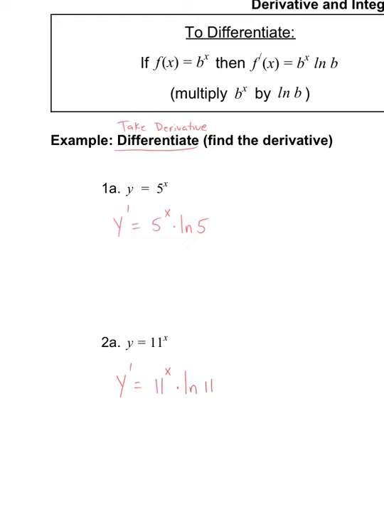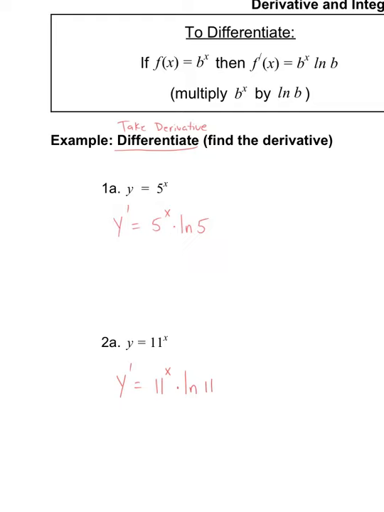So that was a review of how to take the derivative of an exponential function of any base other than e. Now, to take the antiderivative is the opposite of the derivative. So what is the opposite of multiplication? It's division.